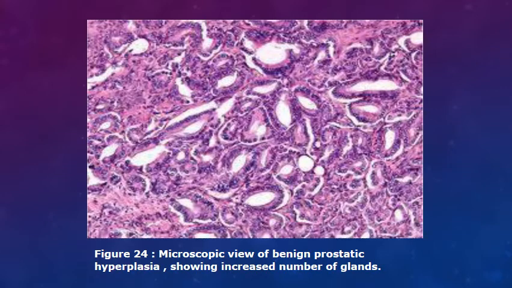If you compare this picture with the previous one, you can recognize that the glands are increased in size, and the stroma between the glands is decreased. These glands are close to each other, compact, increased in number, become crowded.